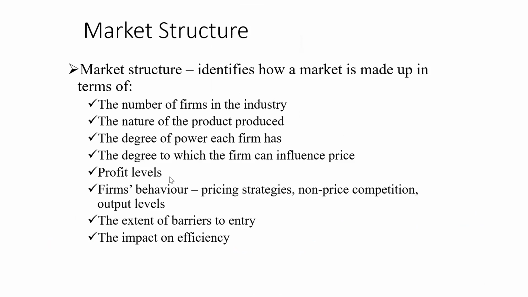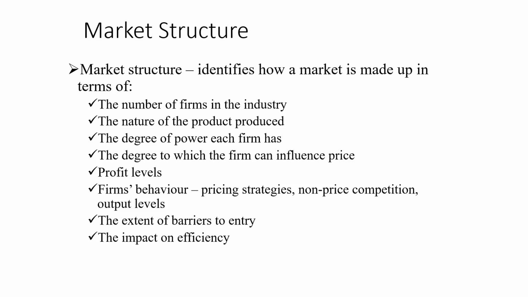If we consider some organizations, for both short run and long run, they are earning supernormal profits. But in some market structures, only in the short run they earn supernormal profit, while in the long run they earn only normal profit. Then pricing strategies, right? Then whether they act as price takers or price makers. And what sort of competition is there among them?